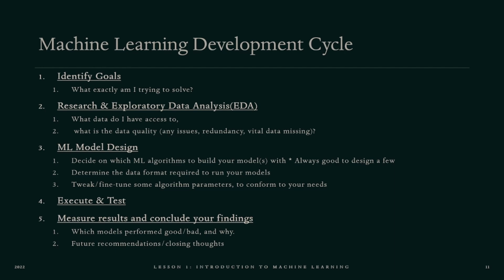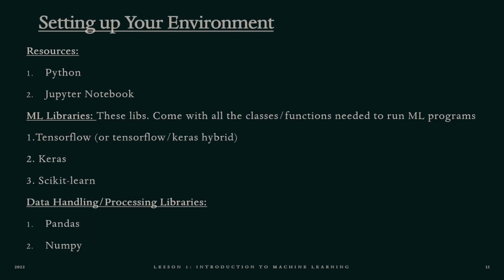And you can end off with any future recommendations or closing thoughts. This entire process can usually be written in some kind of research report from step 1 to 5. That's it. That's the entire development cycle for a machine learning developer, or engineer if you want to be cool.